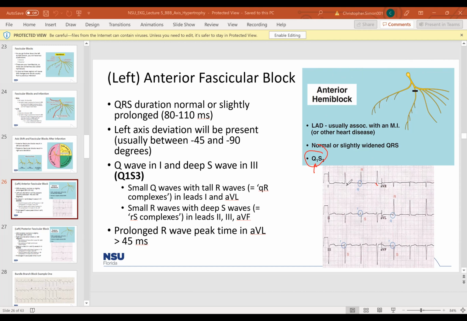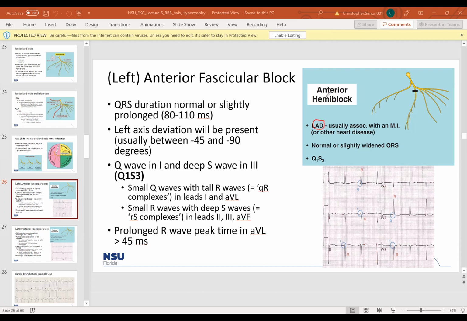Now, in lead 3, you're going to have a deep S wave, right? So that's technically the criteria, right?